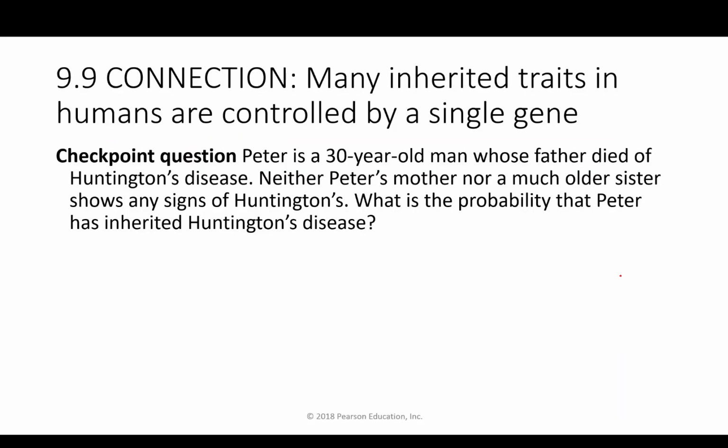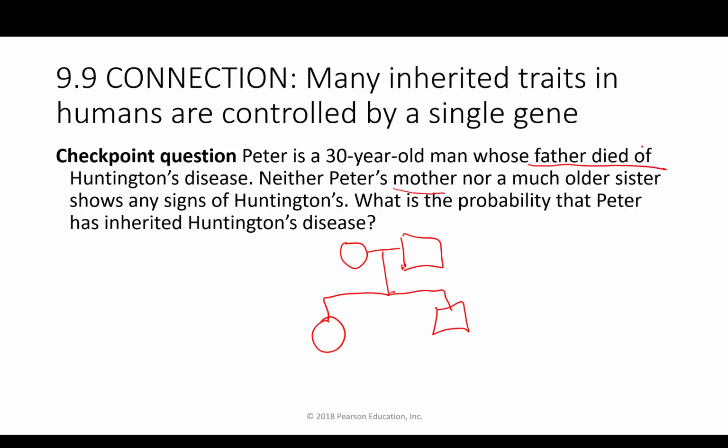Now, Huntington's disease is a dominant disorder. So neither Peter's mother nor older sister show any signs of Huntington's. So here's Peter's mother, and apparently she has a dad. Peter has a sister who doesn't have Huntington's, and then there's Peter over here. Now, it is a dominant disorder, okay?